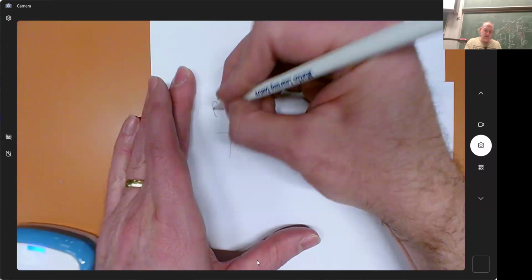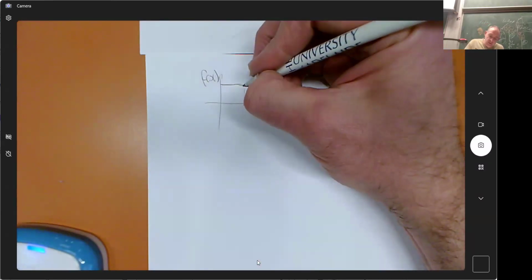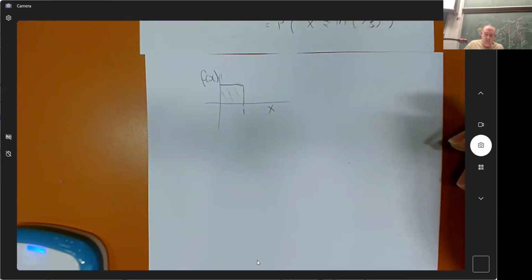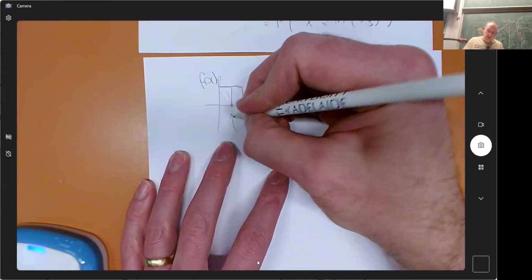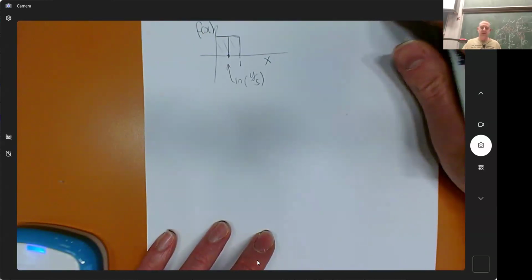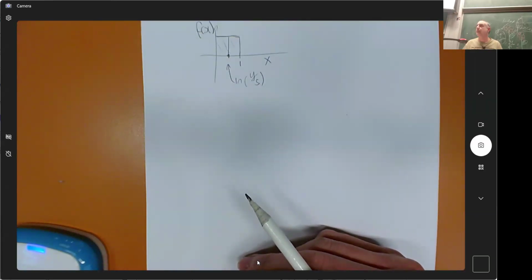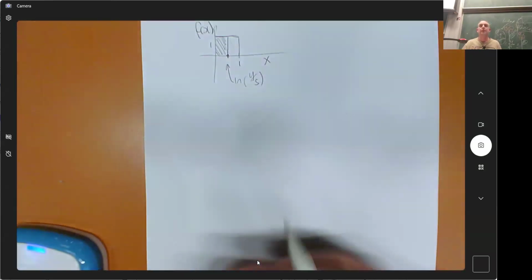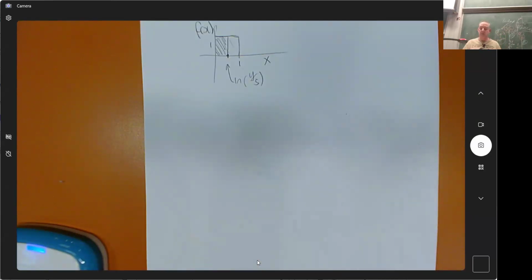This is x, this is f of x, and it has height 1, so that the area is 1. Therefore, if we have this point here, which is ln of y on 3, then the probability that X is less than or equal to ln of y on 3 is ln of y on 3 times 1, because the height is 1, like this area here. As long as ln of y on 3 is between 0 and 1, this will be fine.